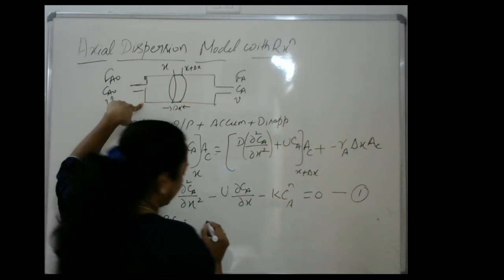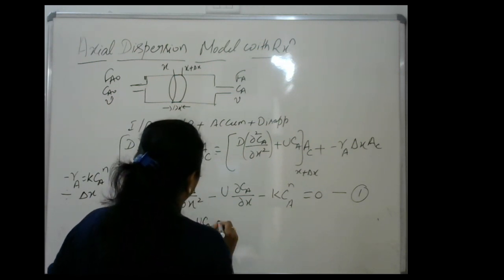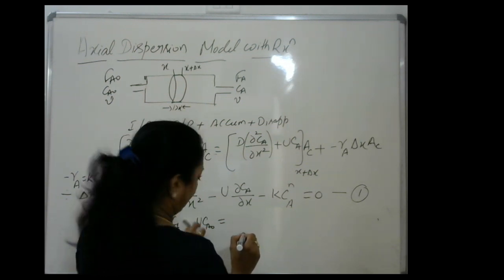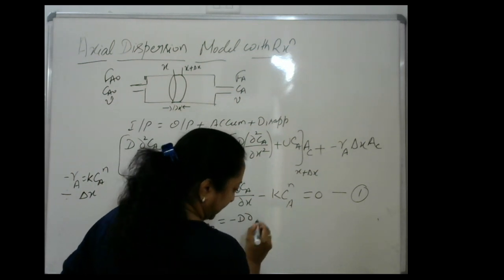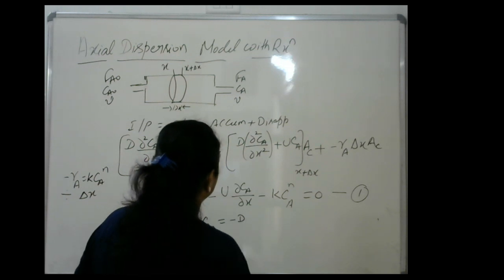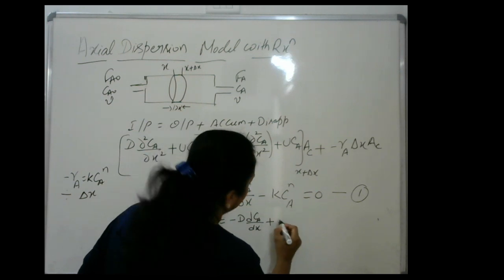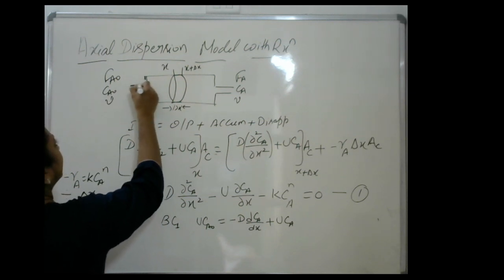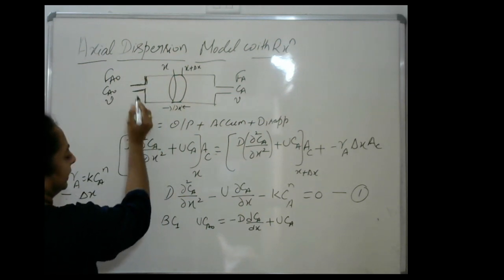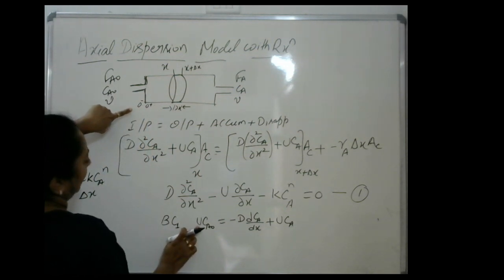So I can write u Ca0 will be equal to minus D dCa/dx plus u Ca, at the entrance. Here I'll call this 0 minus and 0 plus. So this is u Ca0.